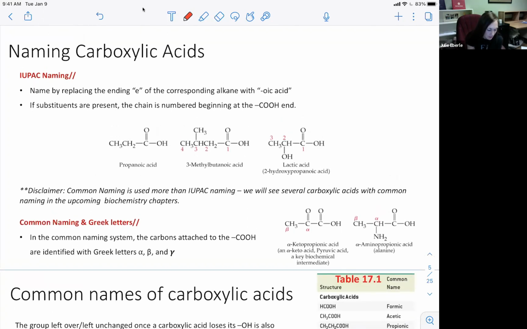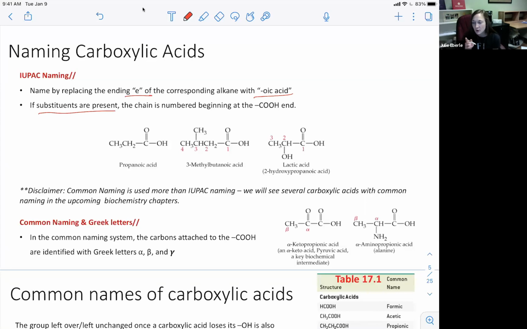So how do we name carboxylic acids? We look at the parent, like the alkane or whatever the root molecule is, take the E off, and put oic acid on the end: oic acid. If substituents are present, we have to start numbering with the carbonyl carbon.